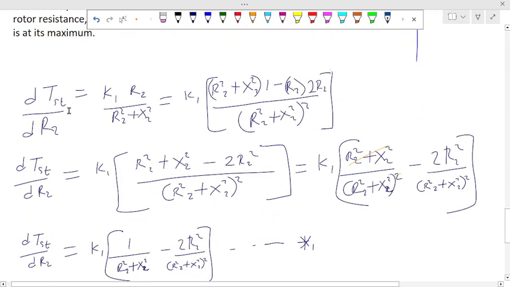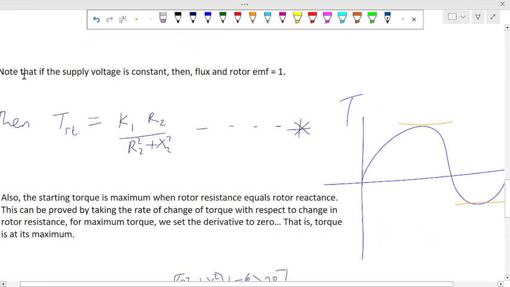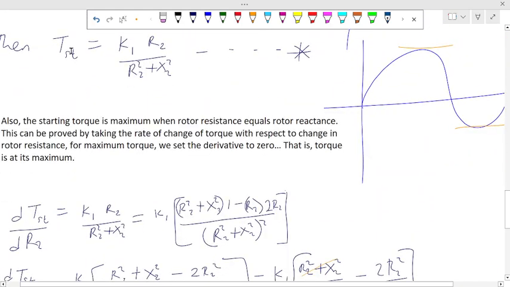Alright, this is what we have here: the starting torque. We're taking the derivative now, so we're saying change of this with respect to change in this equals this expression.